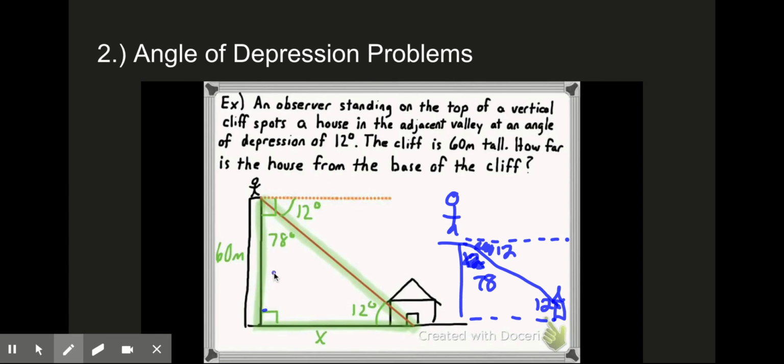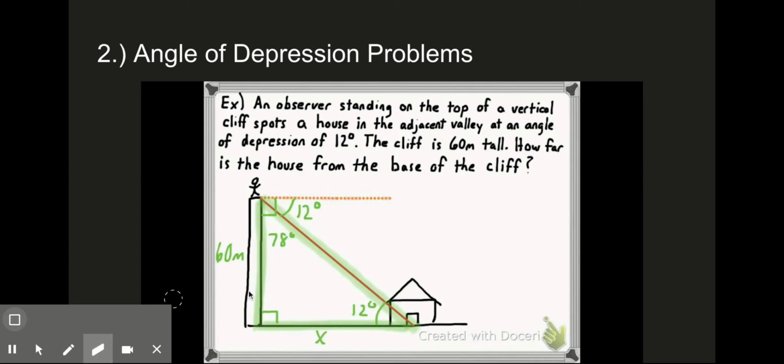One, you could say 78 plus 90 plus x has to equal 180. Another thing I always say is these are parallel, right? You're looking straight across. That's going to run parallel with the ground. And this then counts as a transversal, which makes these alternate interior angles. So there are a lot of different ways that you could prove, oh yeah, these two are the same.